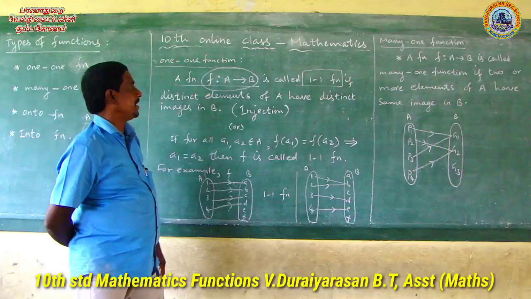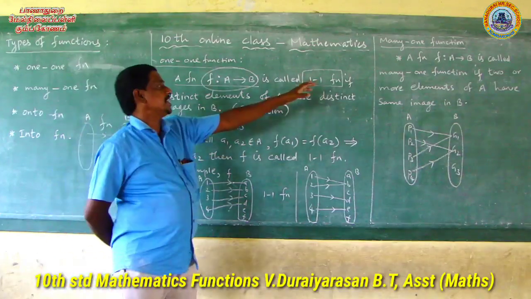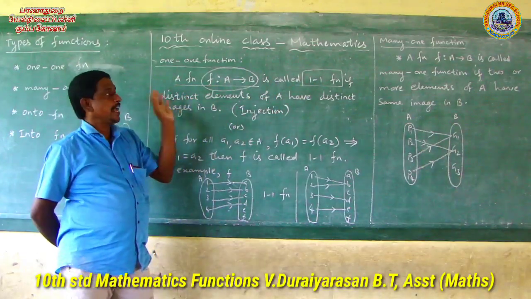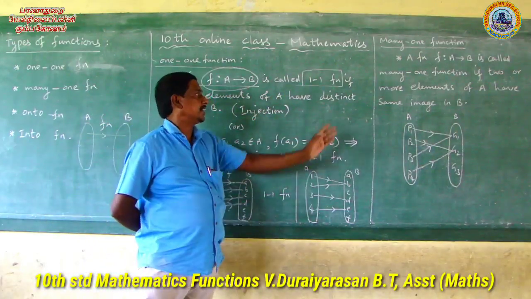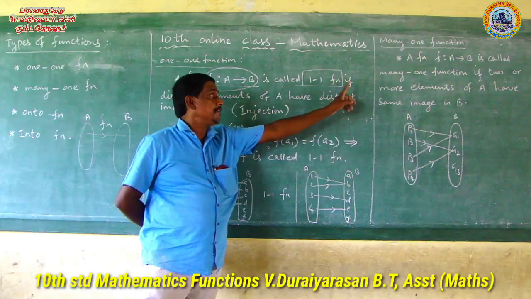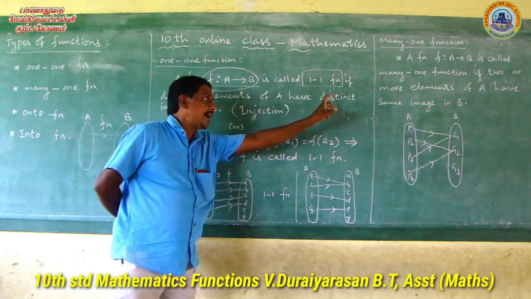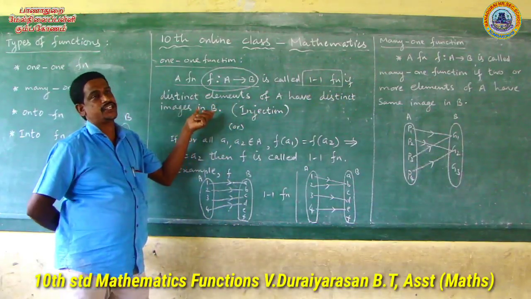What is the condition, sir? A function f from A to B is called one-to-one function if it satisfies the given conditions.